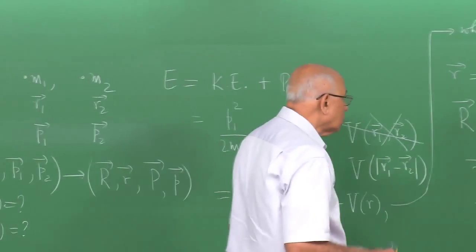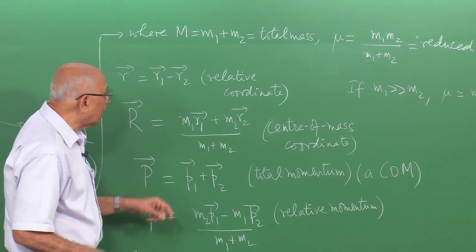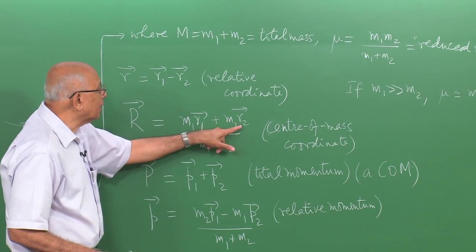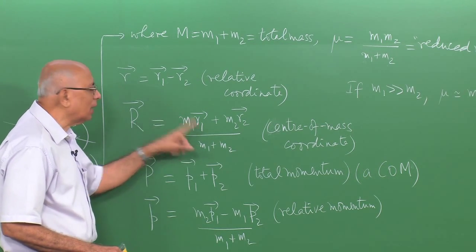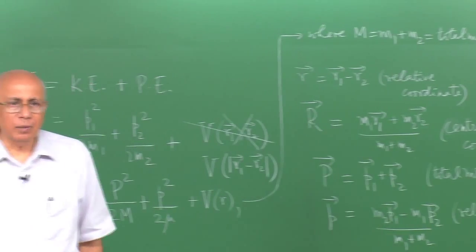And in this case it is also clear that if m1 is much bigger than m2, then just as you can neglect this m2 compared to this m1, you can neglect this compared to that, and the center of mass coordinate is essentially the coordinate of the very much heavier particle or very much more massive object.